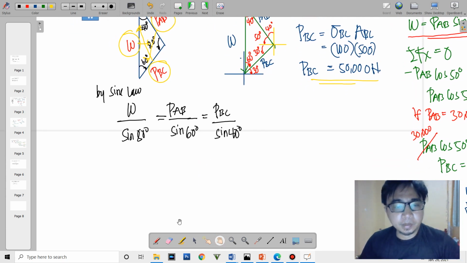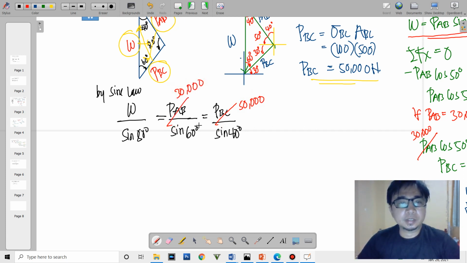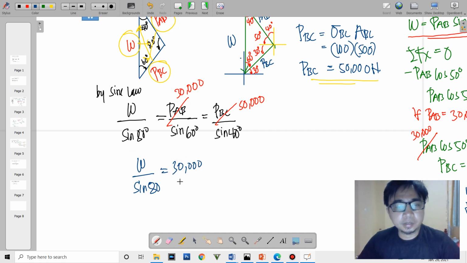So here we apply that the limit of PBC is 50,000 and the limit of PAB is 30,000. So we're going to pair each of those to W. Each of the sides, W over sine 80 is equal to 30,000 all over sine 60 degrees.